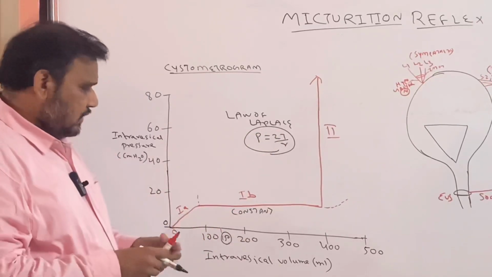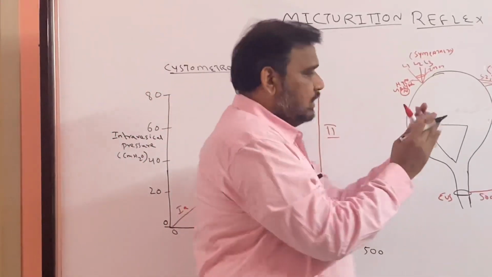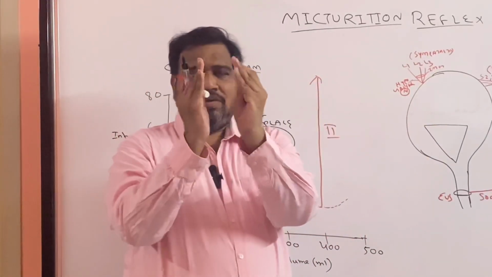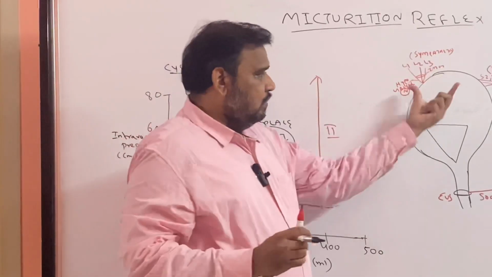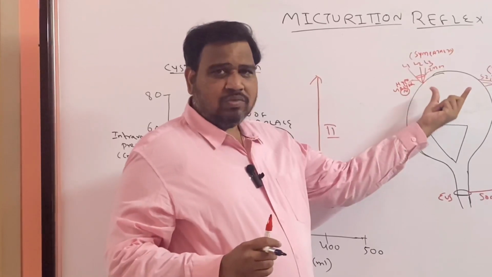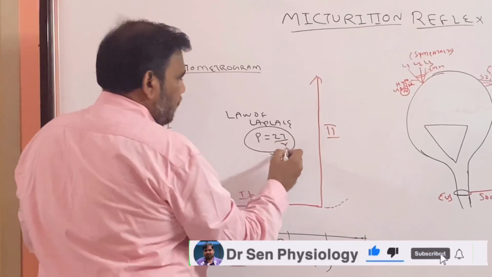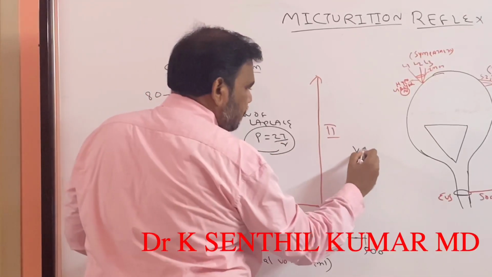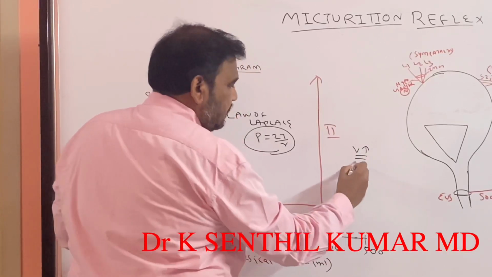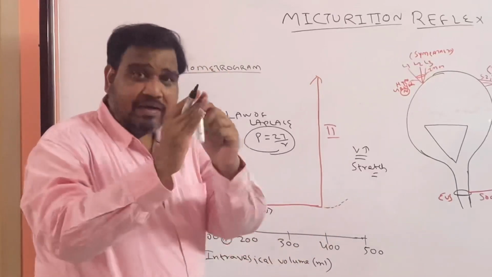Now as the volume is increasing from 100 to 400, just see in the diagram. Imagine this is the bladder. As the volume inside the bladder is increased, we expect the pressure to increase. But actually, as the volume increases, there is stretch, and because of the stretch the bladder itself is enlarged.